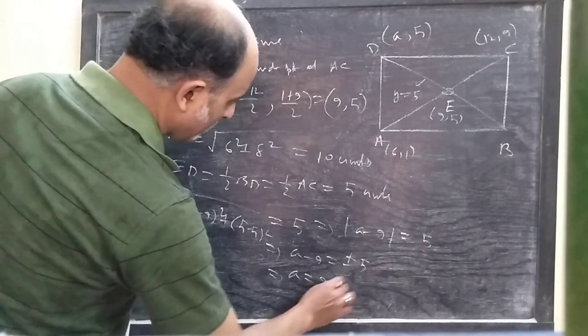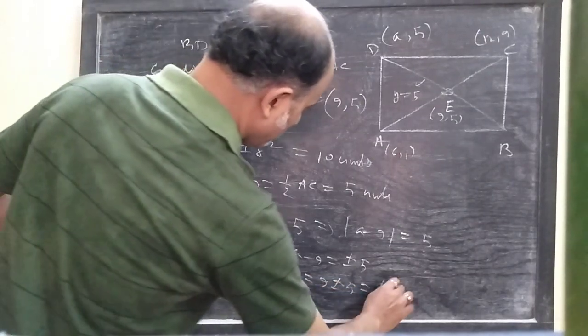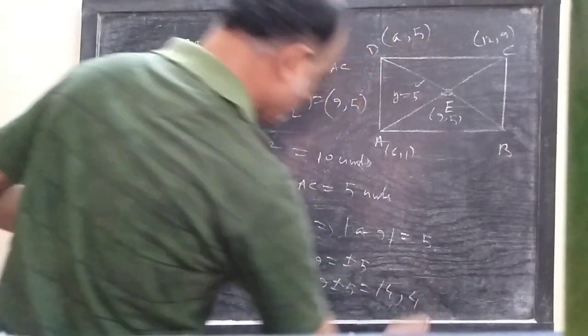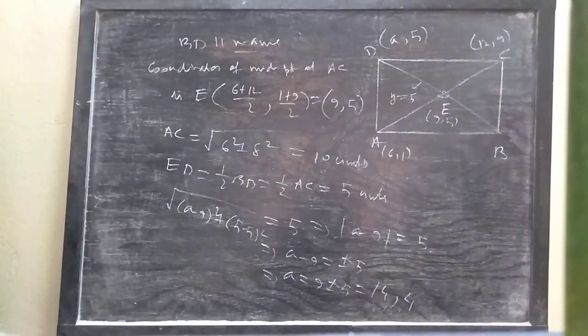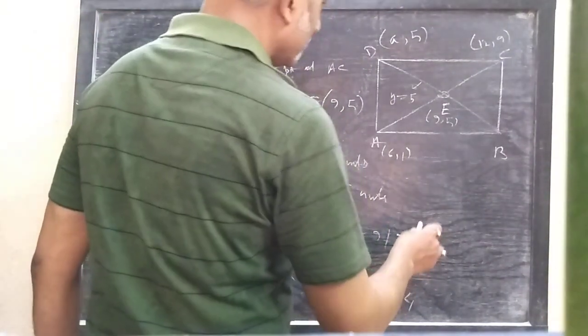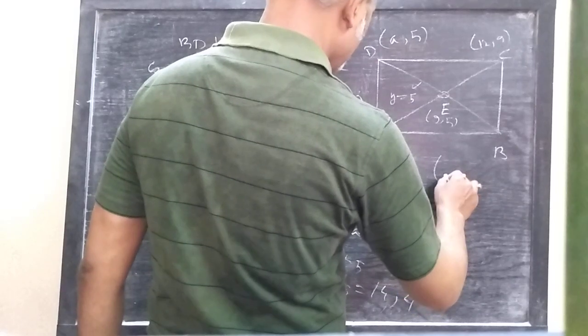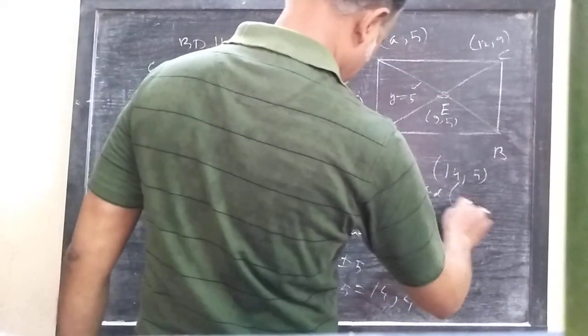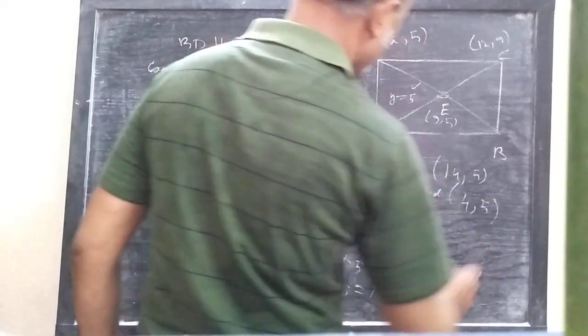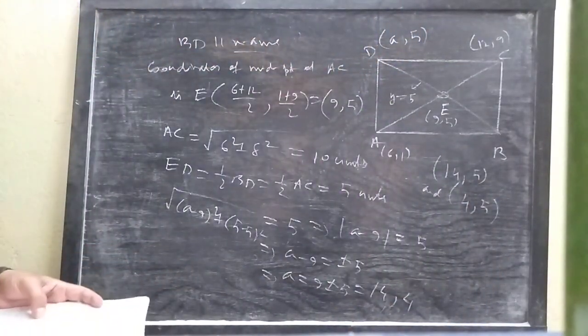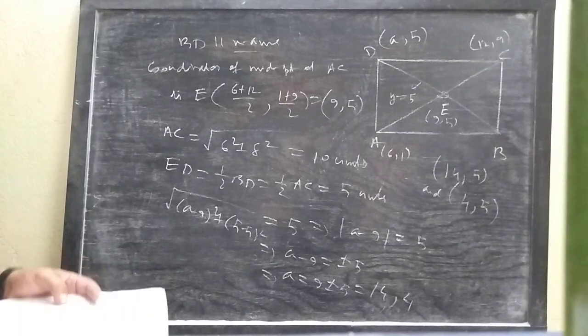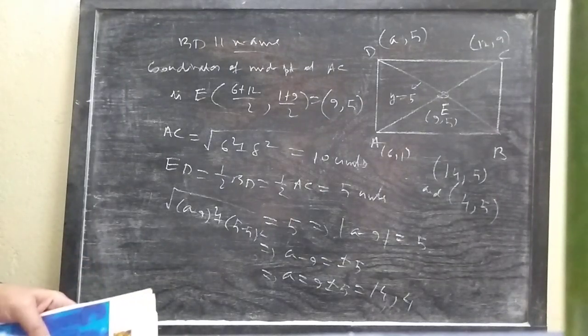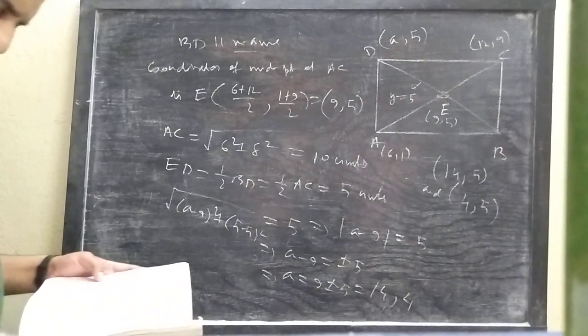That gives a equals 9 plus or minus 5, that is 14 or 4. So you get the other ends as (14, 5) and (4, 5). These are the other ends of the rectangle.